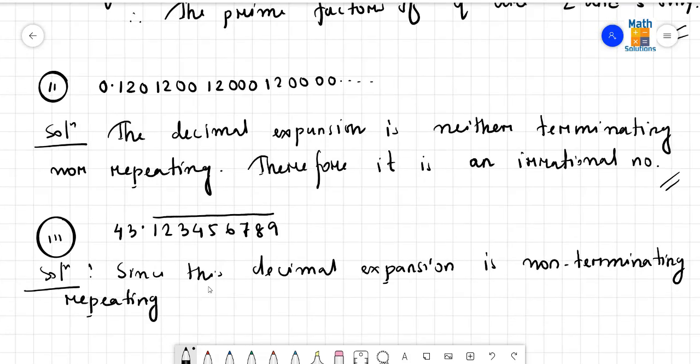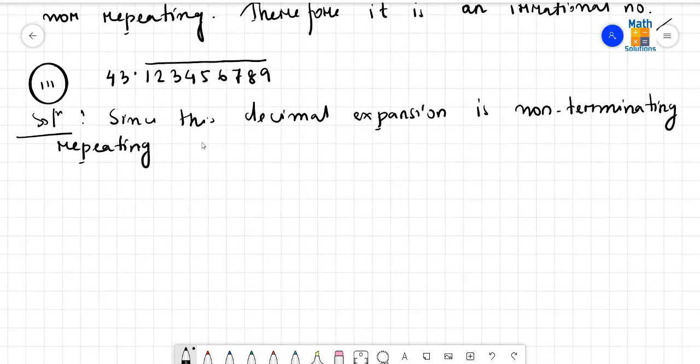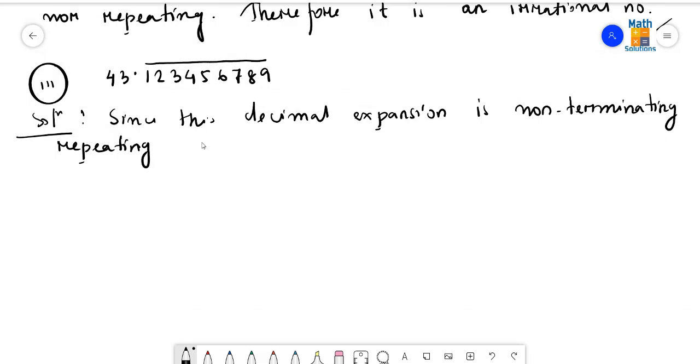When a decimal expansion is terminating, then it is a rational number, and when it is non-terminating, repeating, then also it can be a rational number.